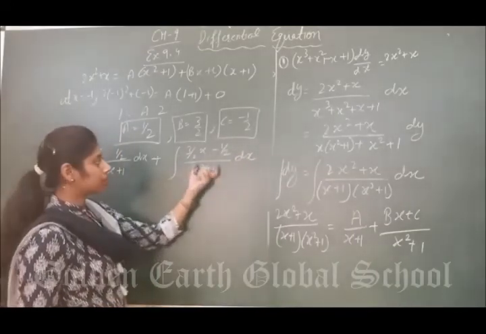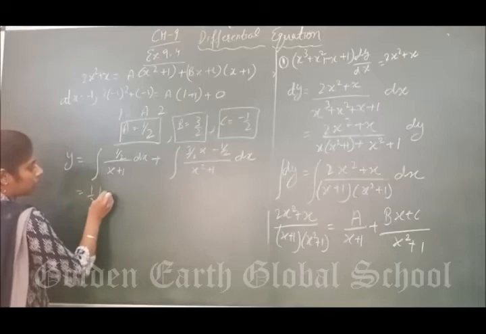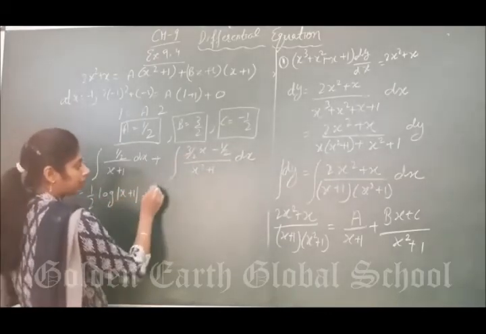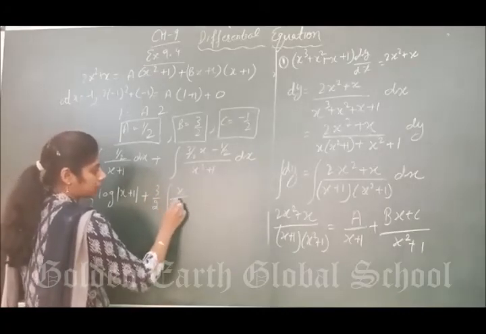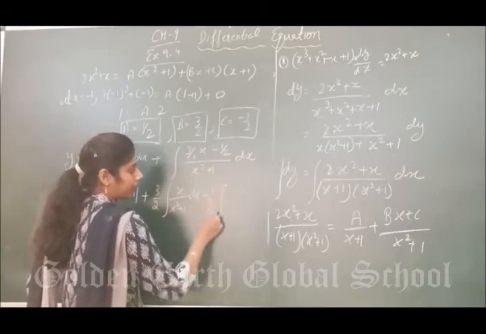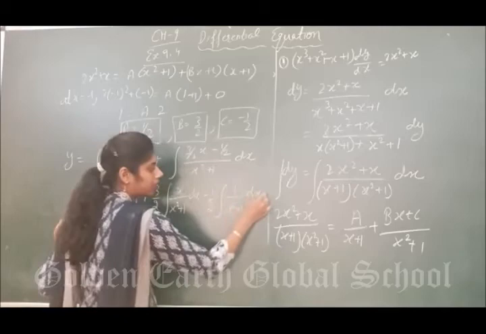Again we have to separate this term. Its integration is (1/2) log of x + 1 plus 3 by 2 integration of x upon x² + 1 dx minus 1 by 2 integration of 1 upon x² + 1 dx.